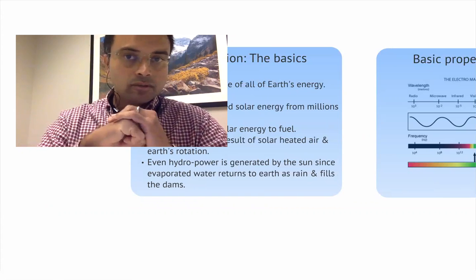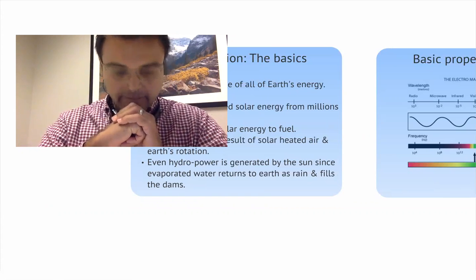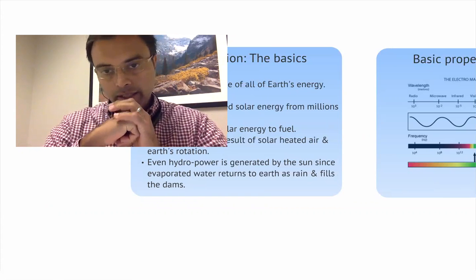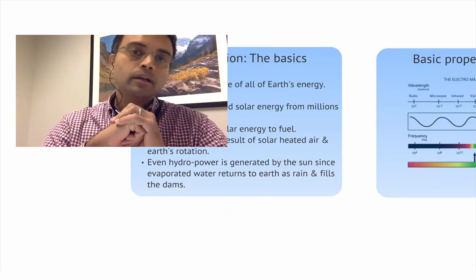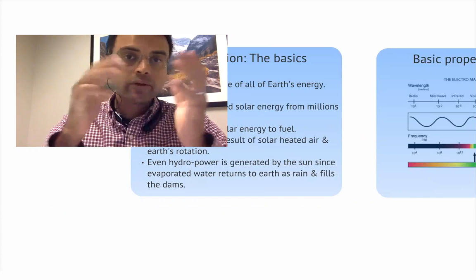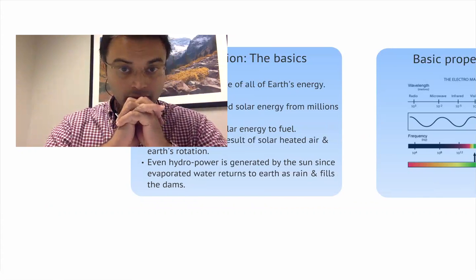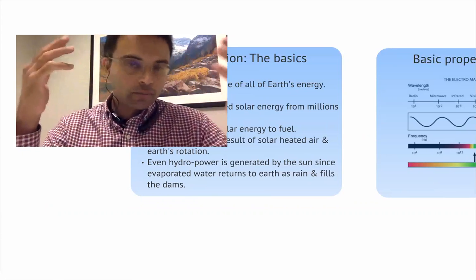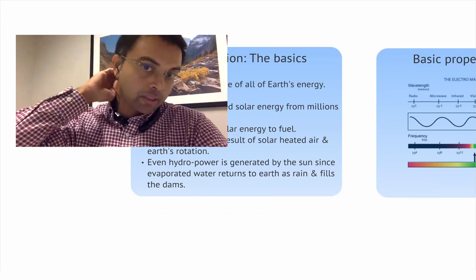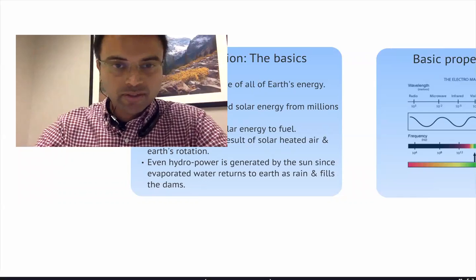So the goal today is to get a basic understanding of sunlight and particularly how to do the measurements for sunlight. Solar radiation is the source of all of Earth's energy, everything from heat to food. Fossil fuels can be thought of as solar energy stored for millions of years, so it's pretty obvious.